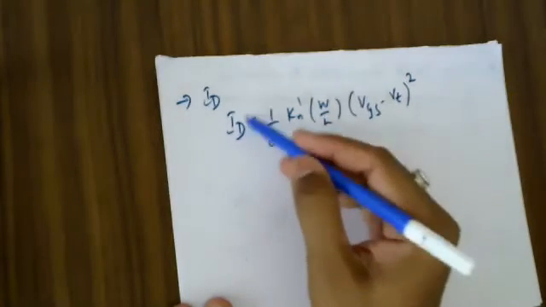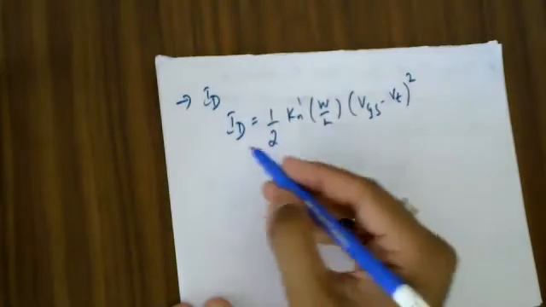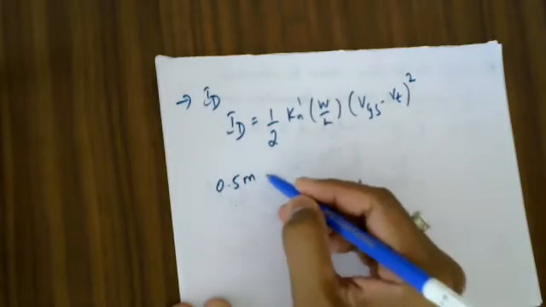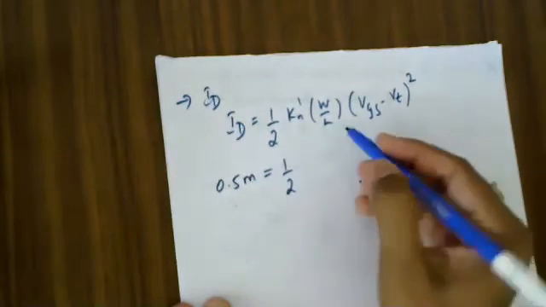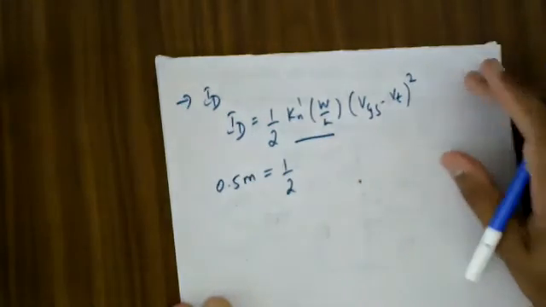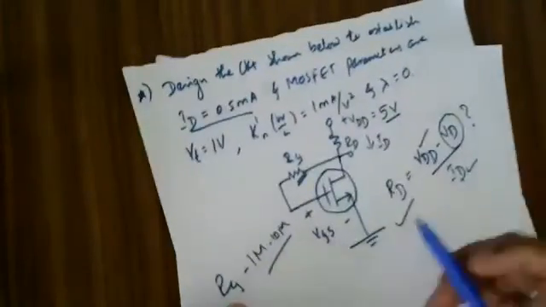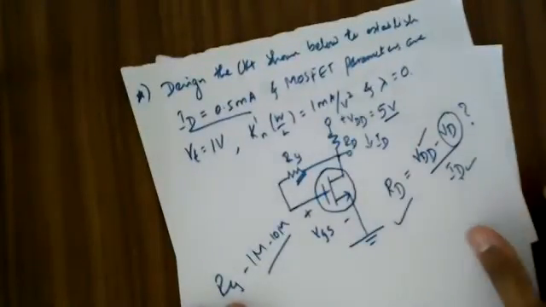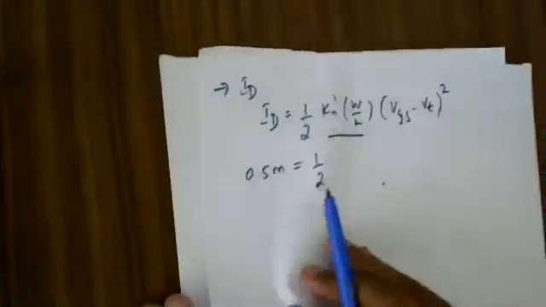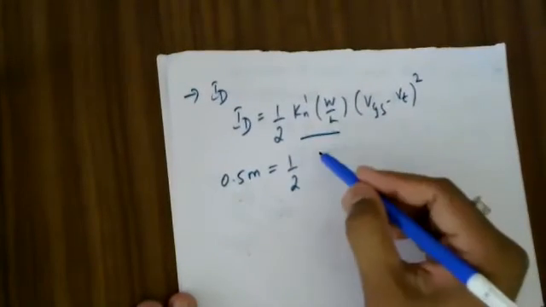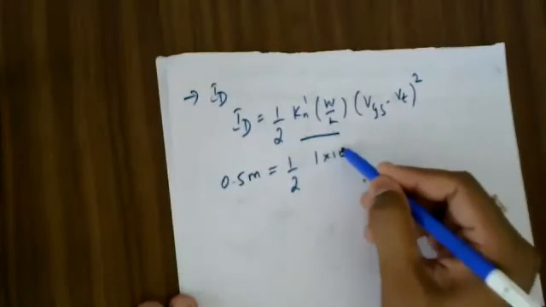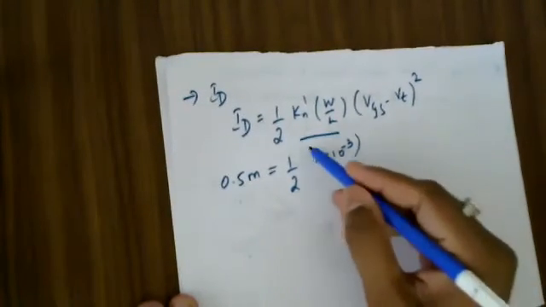What's the value of this drain current? Drain current is 0.5 milliamps, equals 1 by 2. This value, Kn dash into W by L, he has given as 1 milliamps per volt square. So this will be 1 into 10 raised to minus 3.